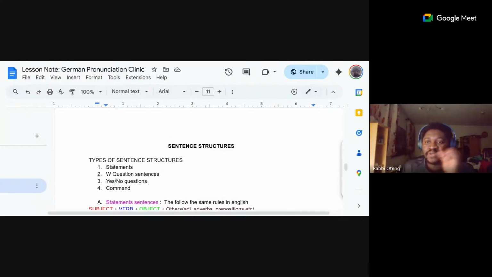And I said to always pay attention to the W questions, they are seven, but with wer, was, even like was, and with wer and welche, the two of them, you have to pay attention to them, because even though they are starting the sentence, sometimes they are the direct objects, so you have to pay attention to the cases.